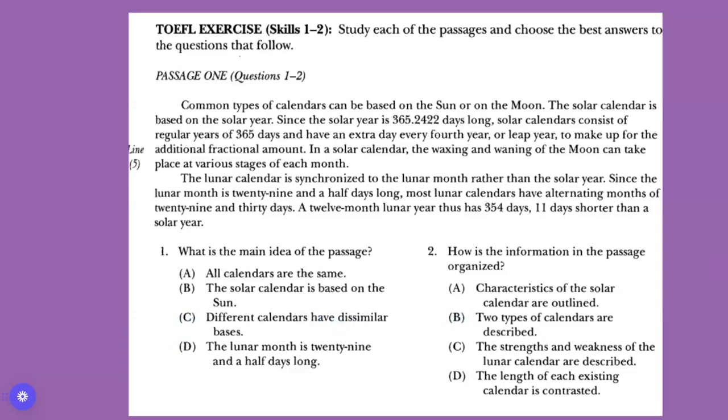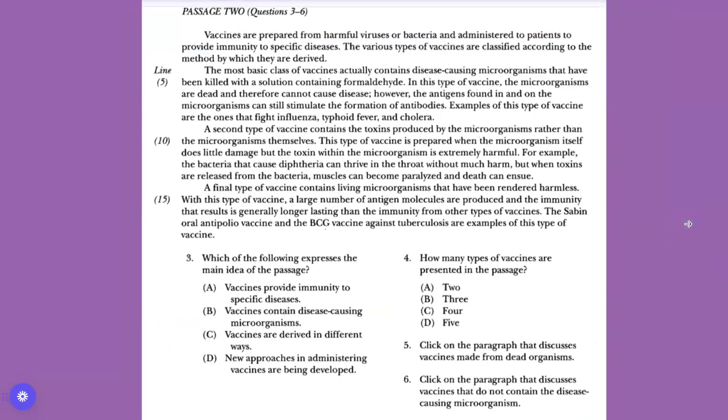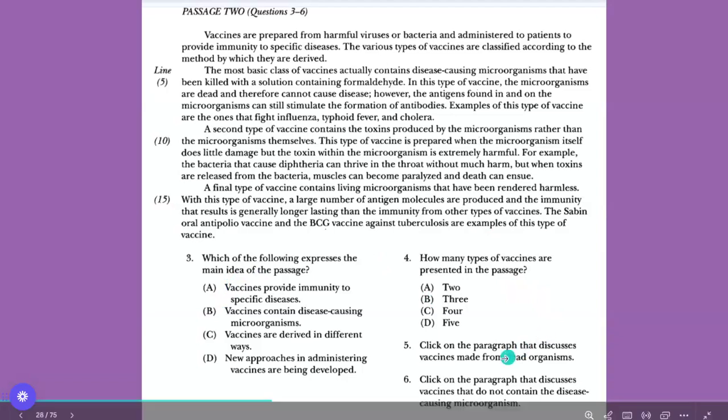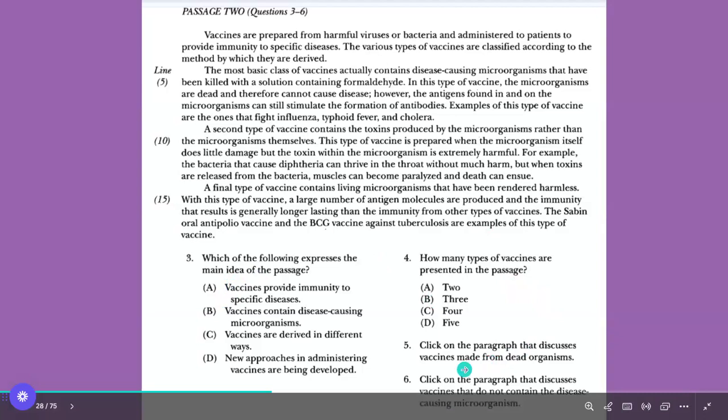Yes, teacher. Let's do this one, which is a little bit longer. It says, which of the following expresses the main idea of the passage? Number 4, how many types of vaccines are presented in the passage? Choose a paragraph that discusses vaccines made from dead organisms.